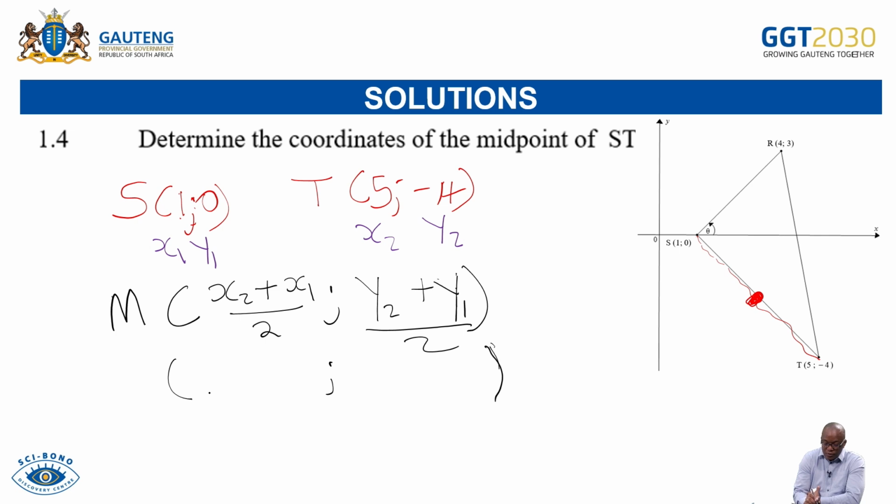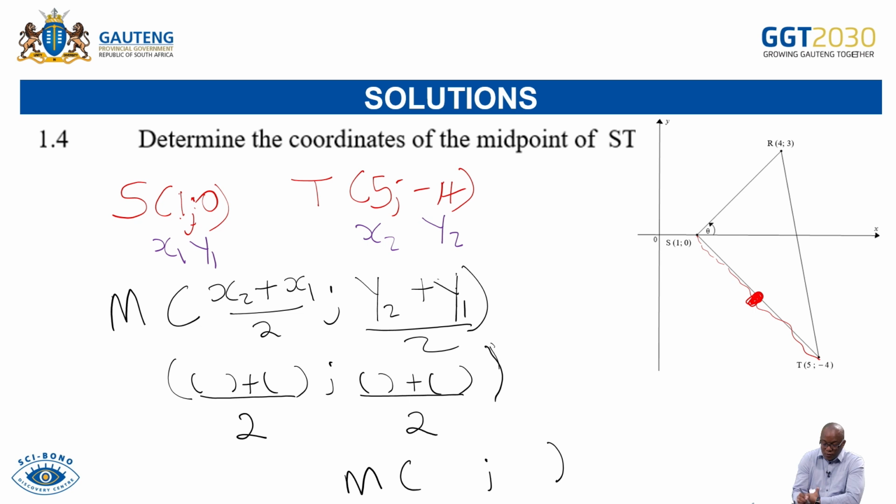As we are going to substitute, remember both of them are divided by 2. So we're going to open just the brackets for our substitution. Then our midpoint will be in the form of a coordinate. So what do we do now? We substitute.